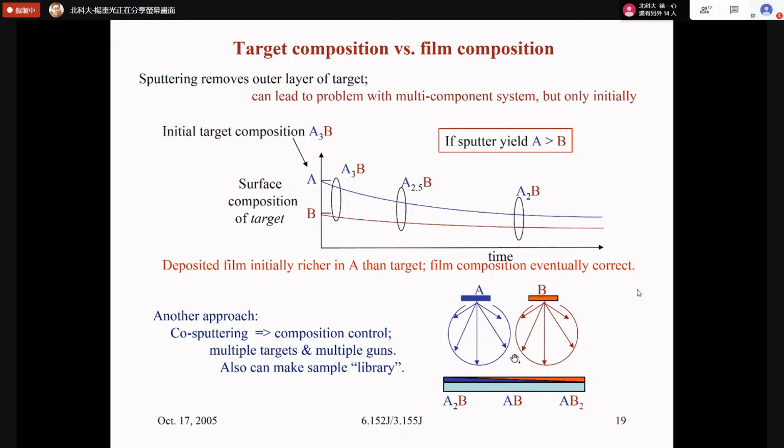So, sorry, this is A to B, AB, AB2. I think this is quite a challenge for co-sputtering, because you want to sputter A and B at the same time. And this is another case, for example, this is an alloy. 这是一个合金 A3B 的合金, and you find that it changes with time.